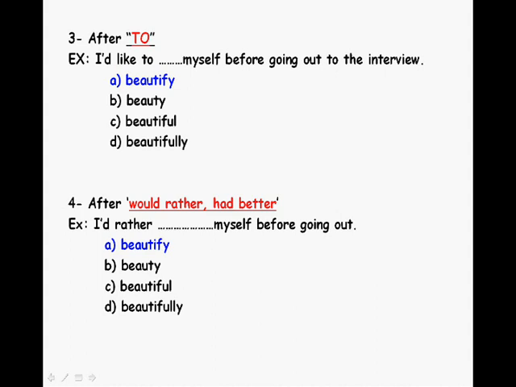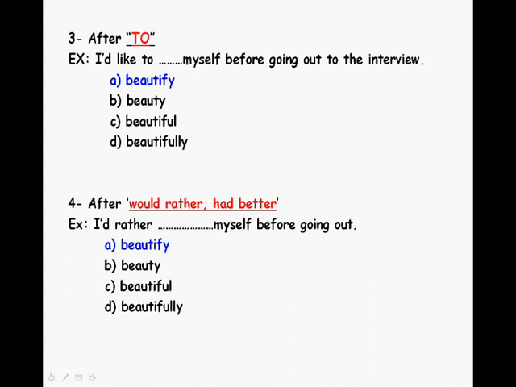Okay? So, as we said, we put the verb after to in a sentence. It's like, I'd like to beautify myself. I'd like to study hard. I'd like to buy a new car.